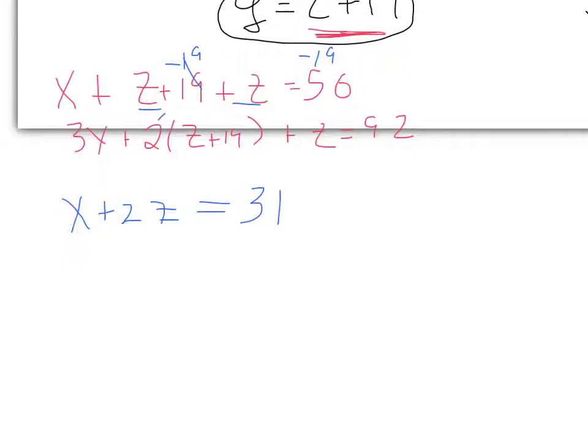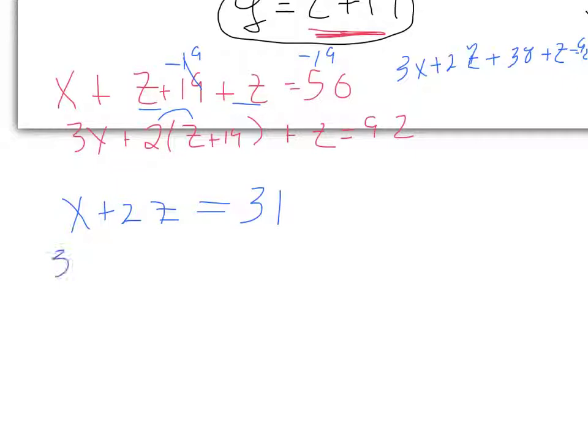Then here we're going to do a little distribution. We have our 3x plus 2z plus 38 plus z equals 92. So let's combine like terms again.